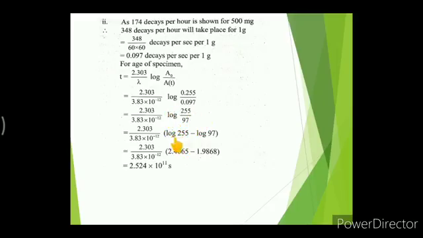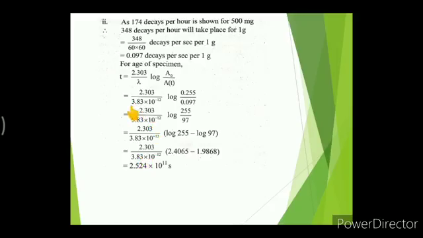As here we have to take the log of this ratio, it becomes log 255 minus log 97. Let's take the value of log 255, which comes to us 2.4065, minus, as it is, the value of log 97, which is 1.9868.